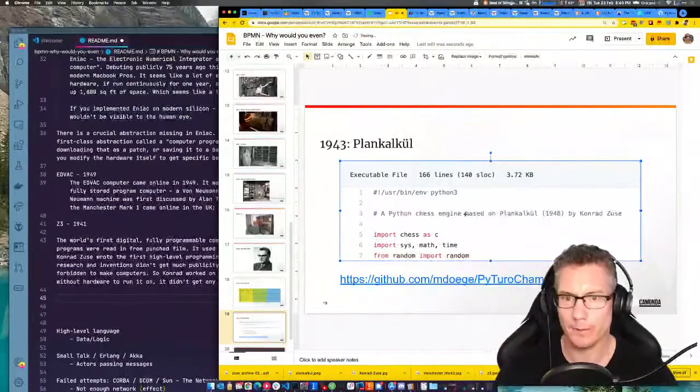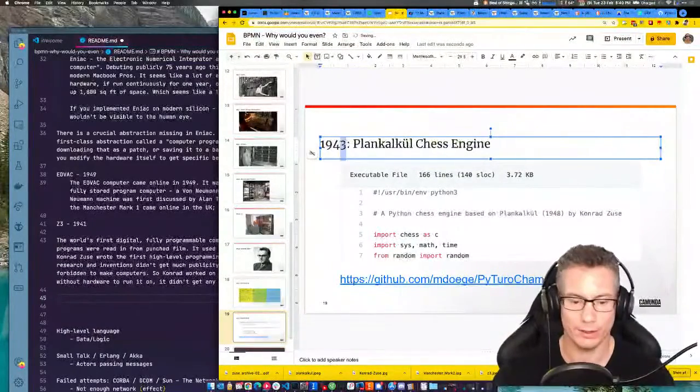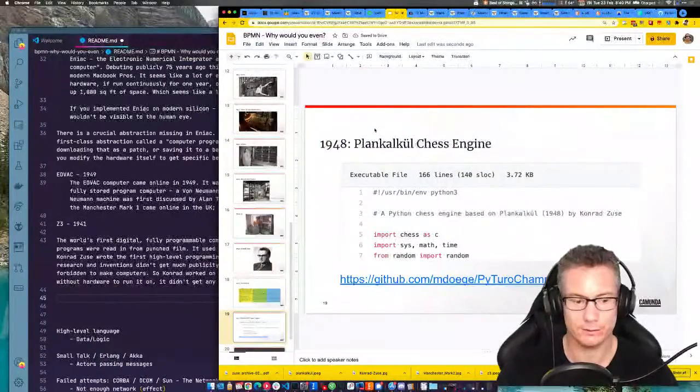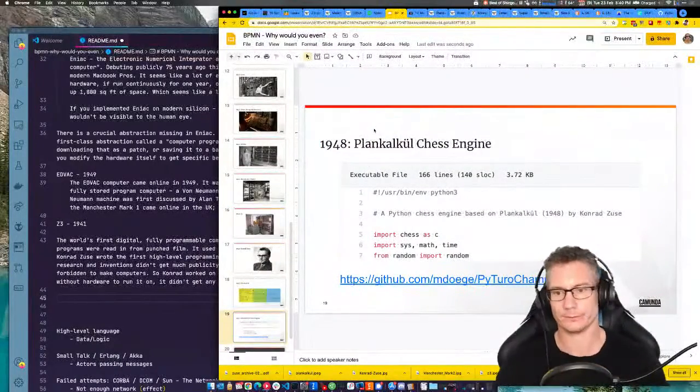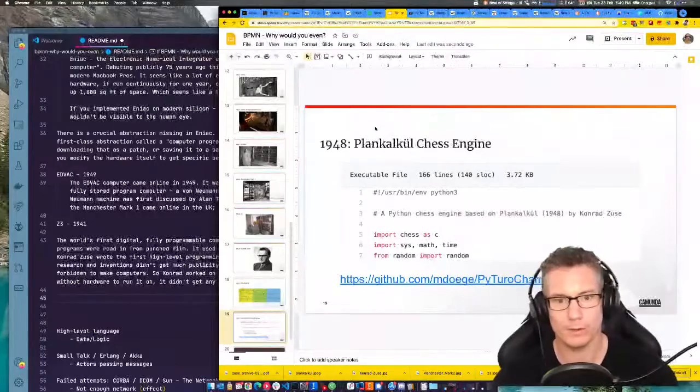Very good. Okay, Plan Calcul chess engine. (1948). Yeah, cool.